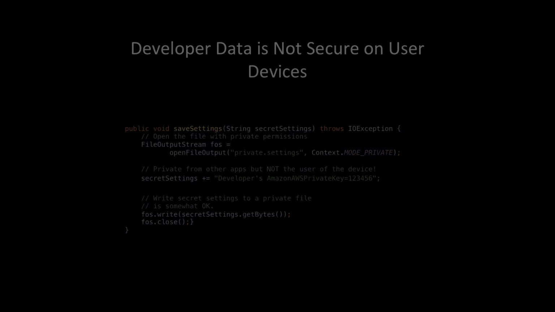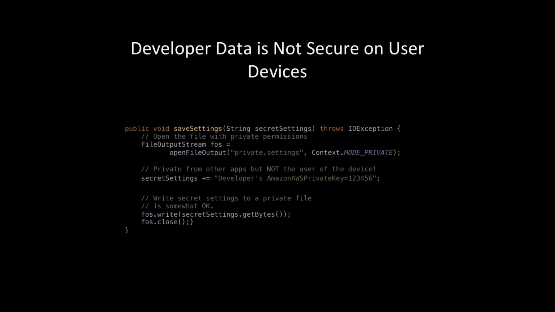Unfortunately, this is a mistake that developers commonly make, as we've discussed: they assume that something stored by their app that isn't visible to other apps is also not visible to whoever physically has the device. That's not actually the case. If you are holding a device, there are lots of attacks and ways that you can, for example, root the device and plug it into your computer and look at an app's private data.